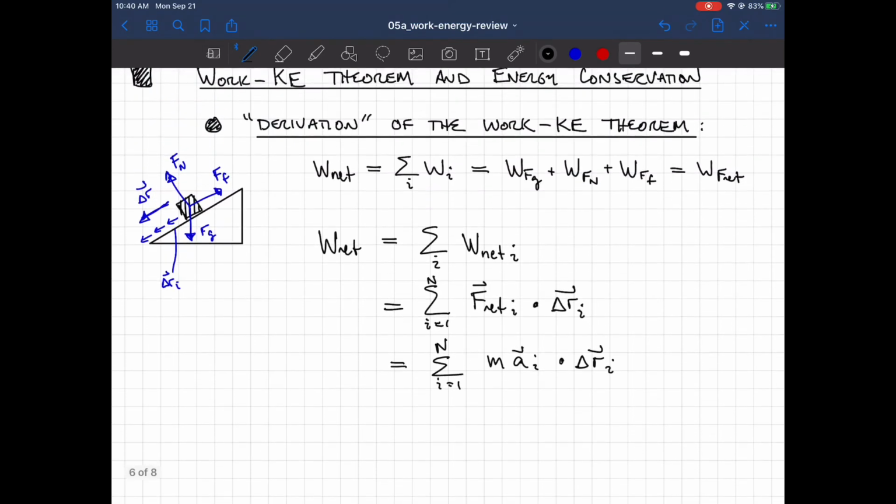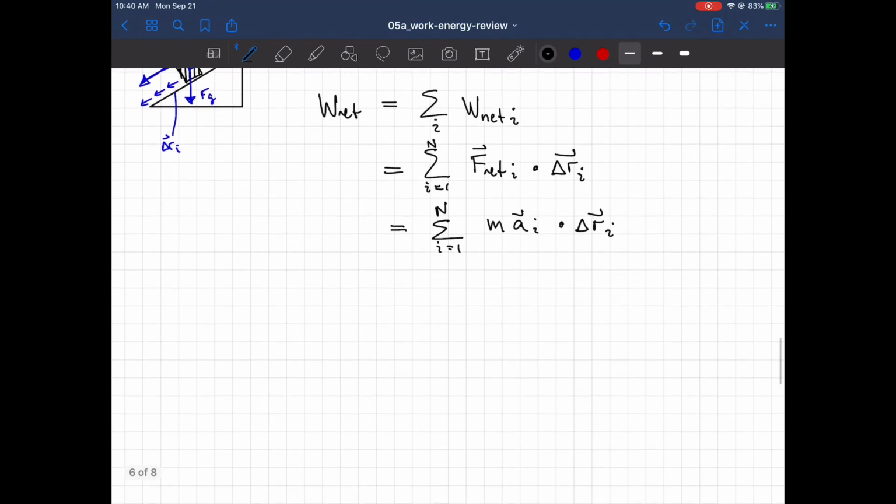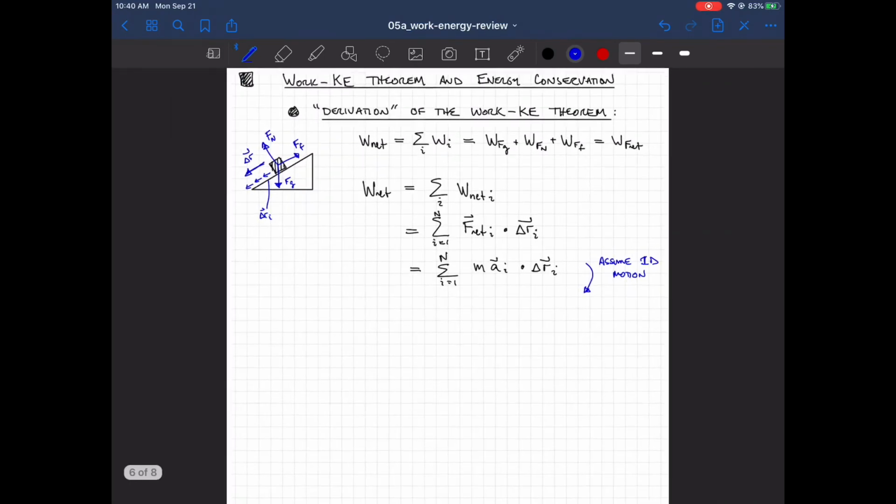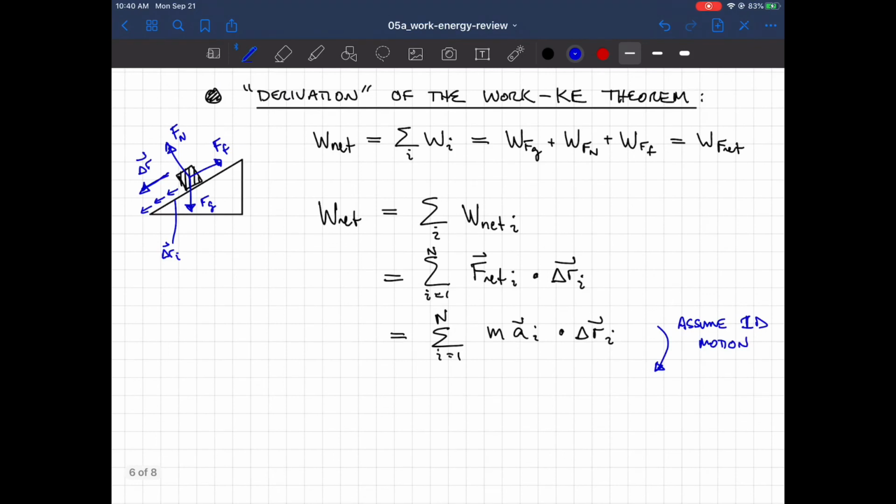The work-kinetic energy theorem is completely general, but it's easiest to show it just for the one-dimensional case. So I'm going to assume 1D motion, meaning, for example, in this picture up here, I could draw an x-axis that points along the ramp, and that would be my one-dimensional motion.